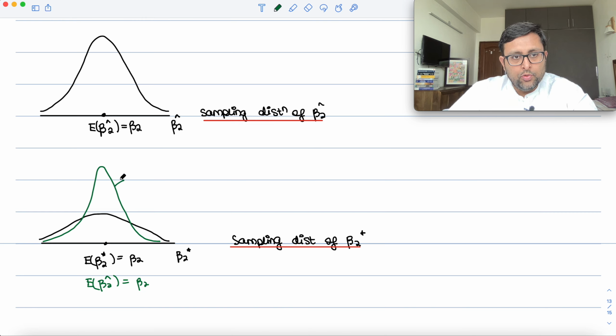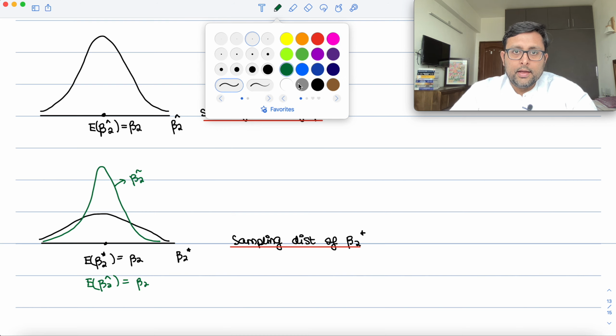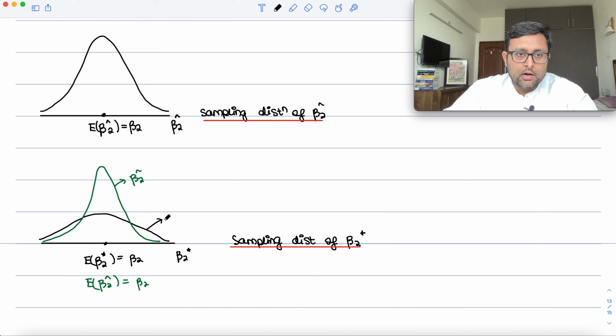So this is beta 2 hat, and this one is beta 2 star. Both of them are linear, both of them are unbiased, but beta 2 hat is less distributed around its mean, right? The distribution of beta 2 star is more diffused around its mean.